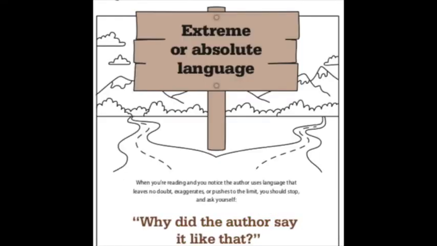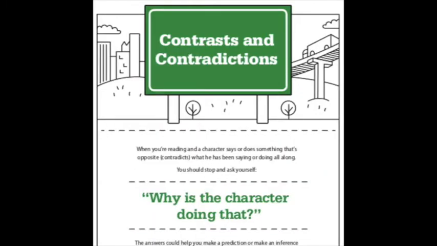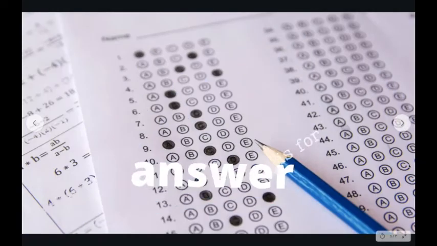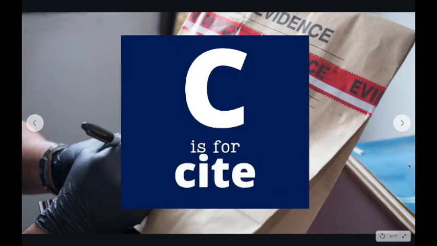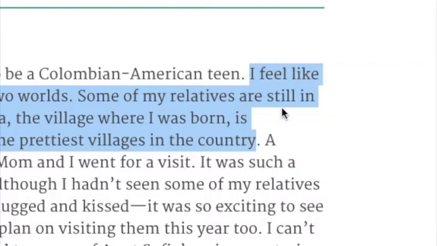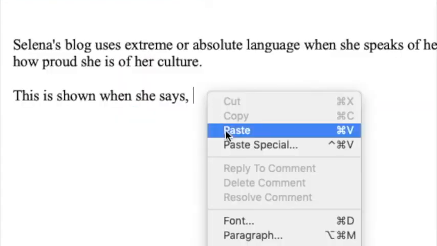So it's the question that you're answering on the signpost. C is for cite. This is your evidence you need to use to prove your answer from the signpost. Now C, in our case, is usually a copy and paste thing. So we're copying direct evidence from the text.